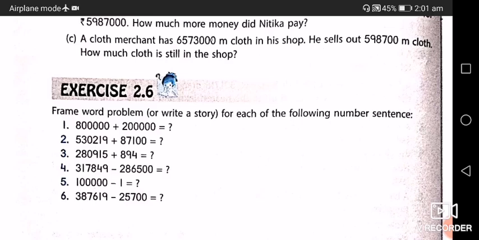Another is, what will you get if you subtract 1 from 1 lakh? Or one more way you can do it, what will you get if you subtract 1 from the smallest 6 digit number? So yet another way of writing that word problem.